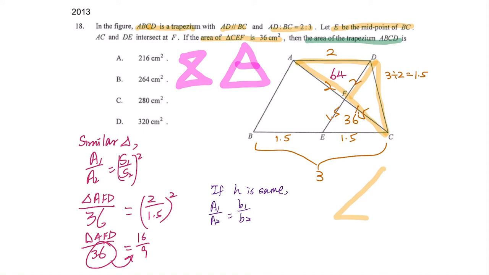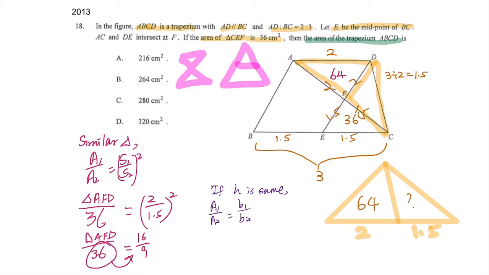Okay, let's try drawing it, and then you might get it easier. See, this is 2, this is 1.5, yeah. And then we know the area of this, we just have to find this. So here their bases are different for this triangle and this triangle. One is 2, the other is 1.5. But their height, we don't know the actual value of height yet, but we know that it's the same.